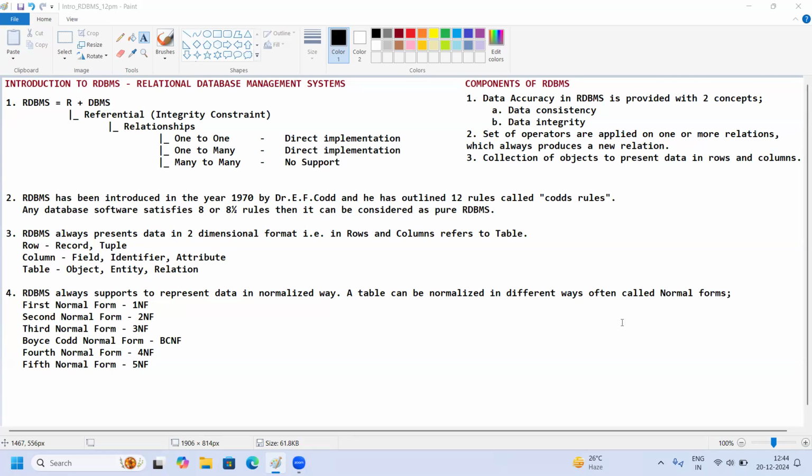And what about data integrity? Data integrity is applying conditions on columns, applying conditions on data entry.